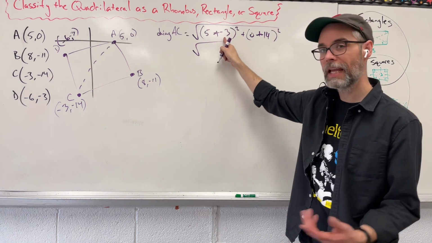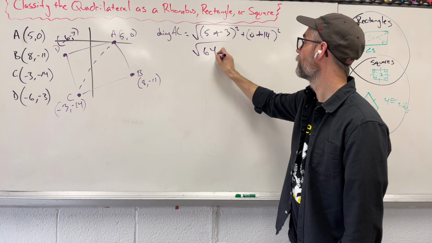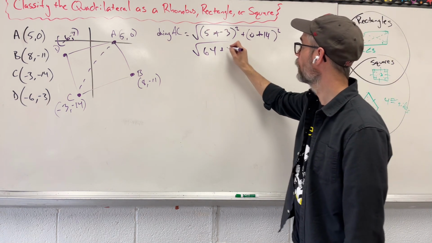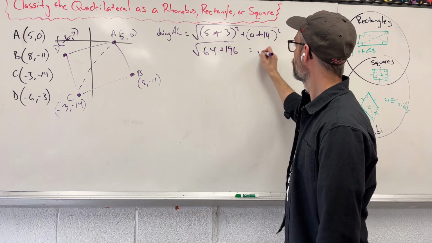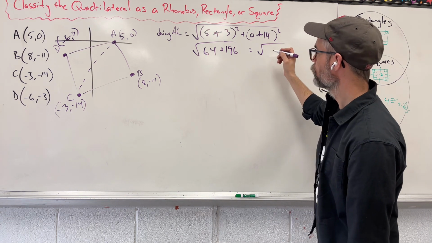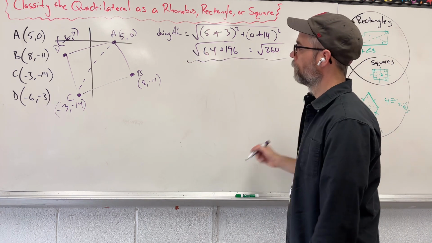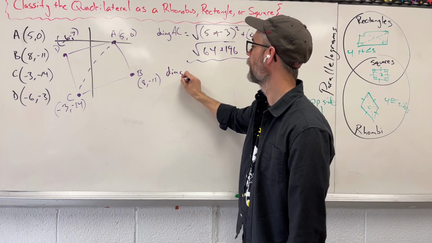Simplify. 5 plus 3 is 8. 8 squared is 64. And 0 and 14 is 14. 14 squared is 196. Together they give us 260.